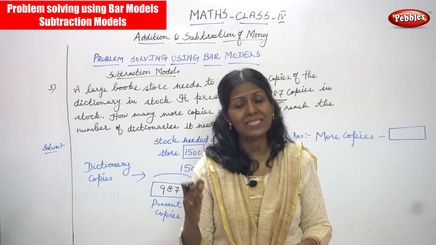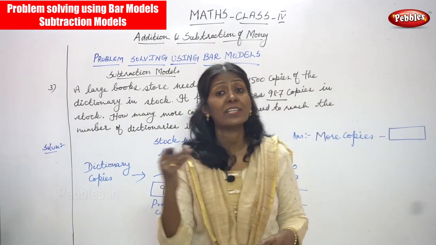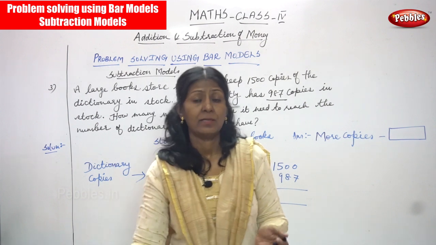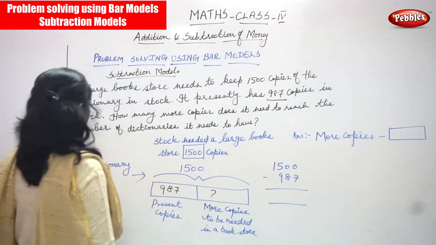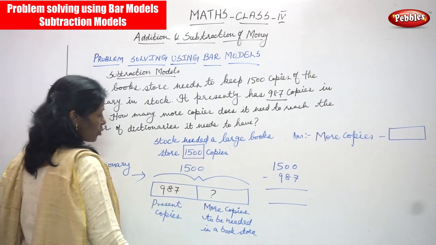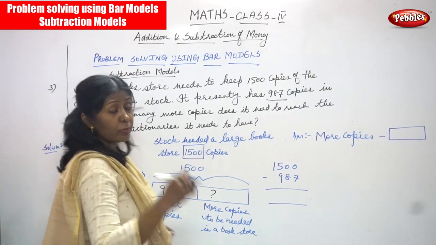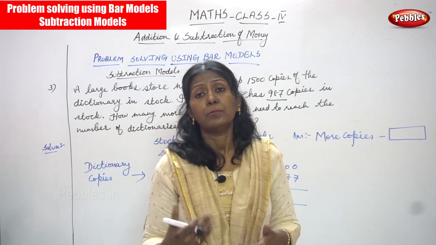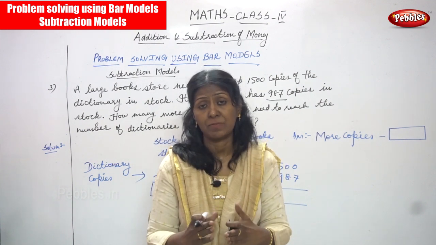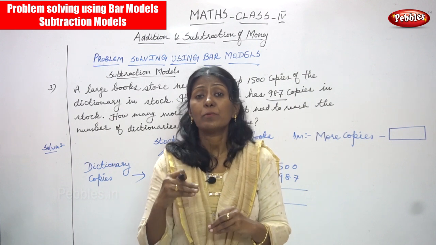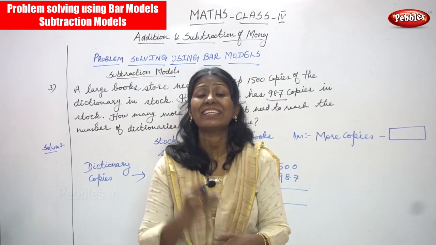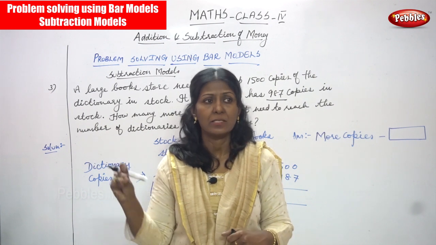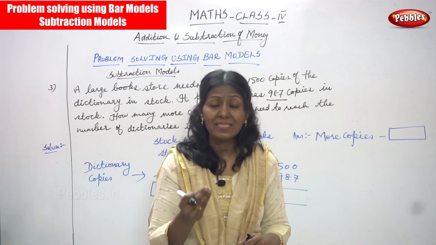So, number of copies means number of dictionary copies needed in the large bookstore, that is 1500. And the present number of copies in the large store, that is how many books are present in the store. That means 987 dictionary copies are present in the bookstore.